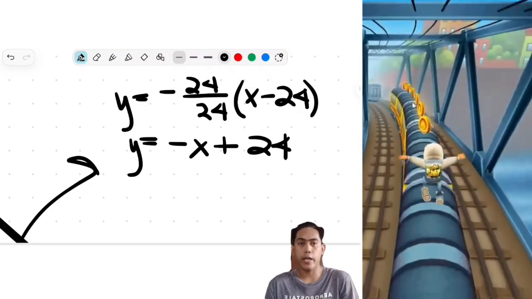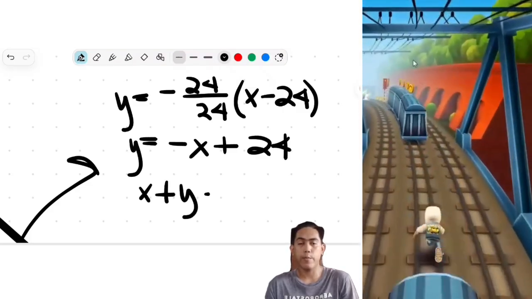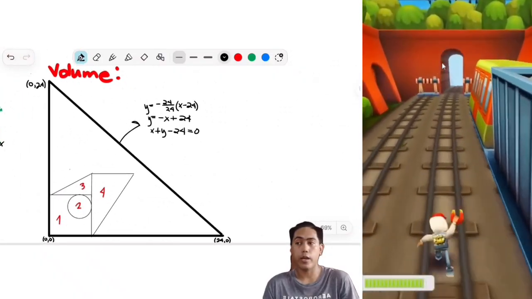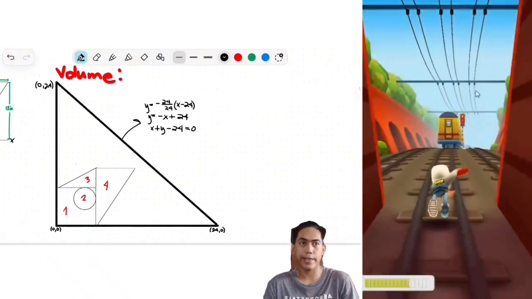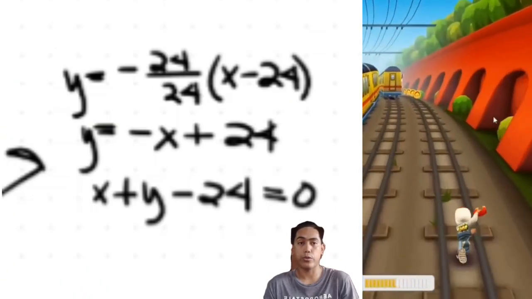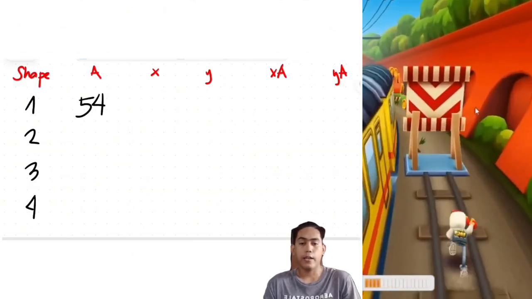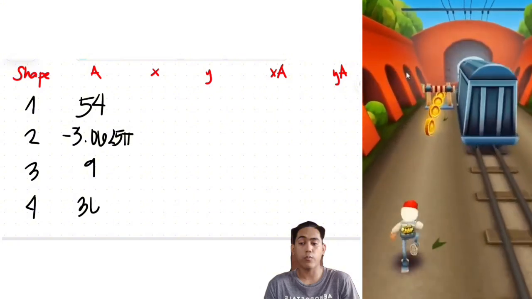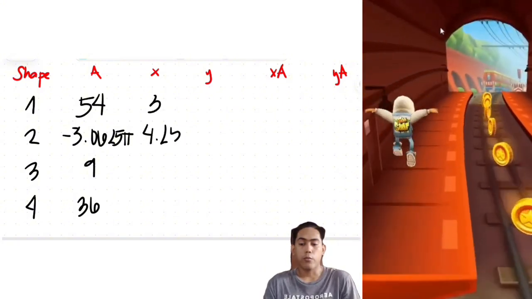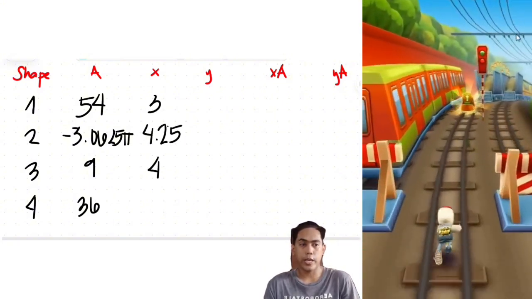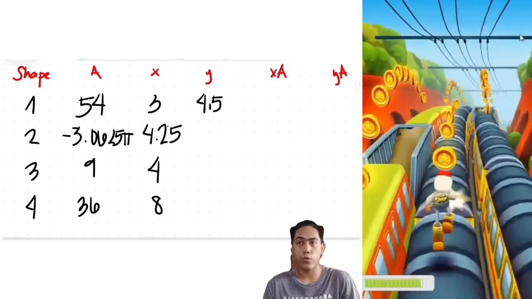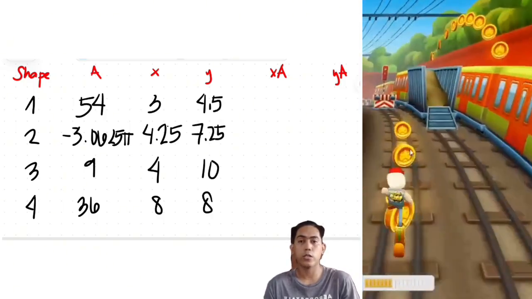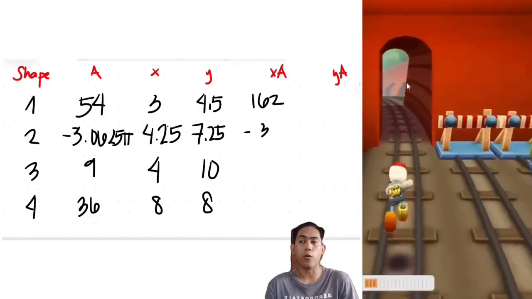By solving the slope of the segment and substituting a point to the equation of the line, we can get that the equation of the line segment is x plus y minus 54. Then we will solve for the centroid of the generating shape and the area of the generating shape, which is by decomposing the generating shape into 4 different types of shape, which are 2 triangles, 1 square, and 1 circle.